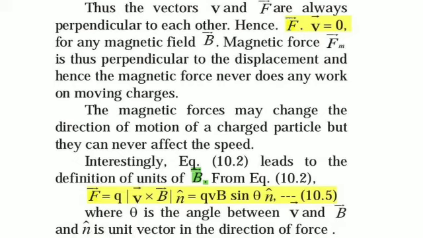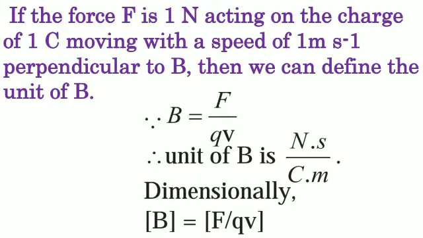Why this sin theta? Because V is crossed with B. So when you remove the cross product, you will have sin theta here.